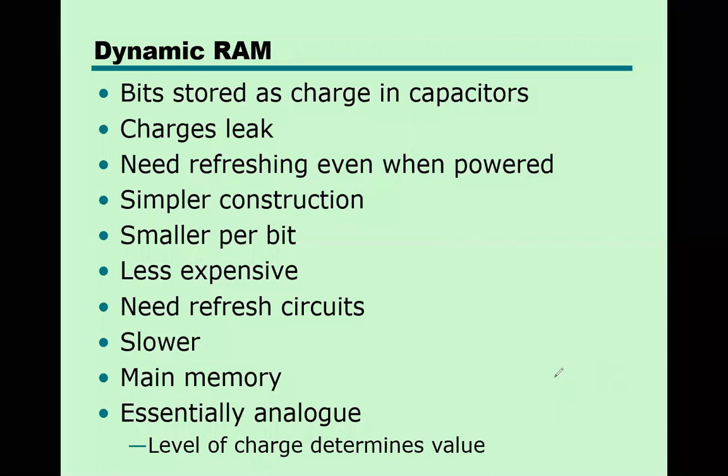Again, here you will find how it is analog, because there is a transistor and a capacitor, and this is how it reads a data. So it is analog circuitry, and the charges: high is for 1 and low is for 0.